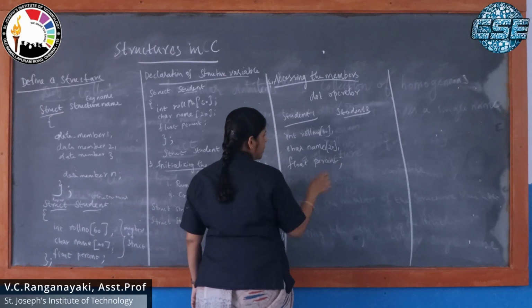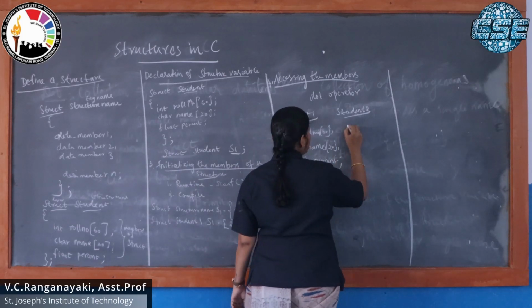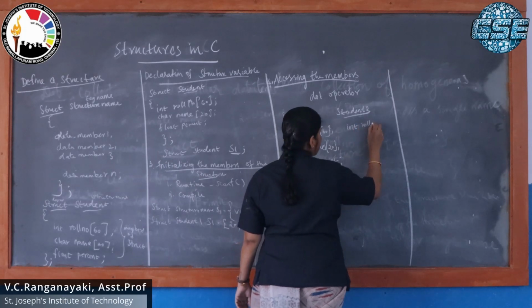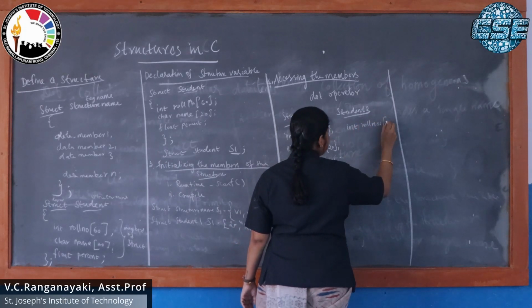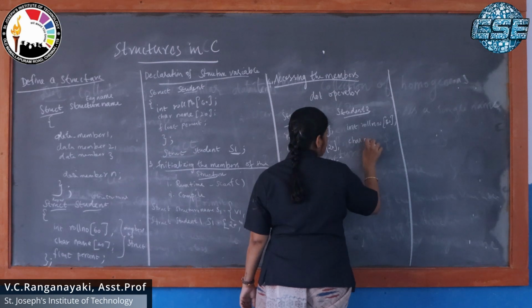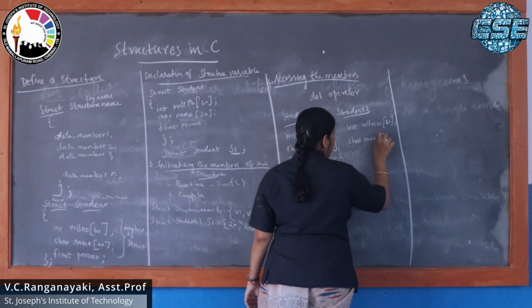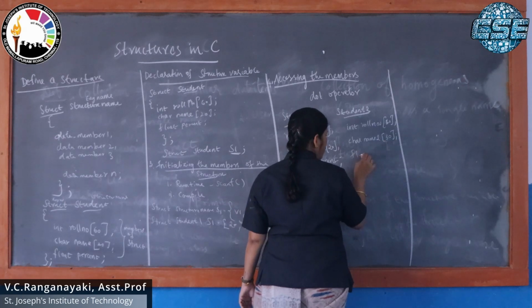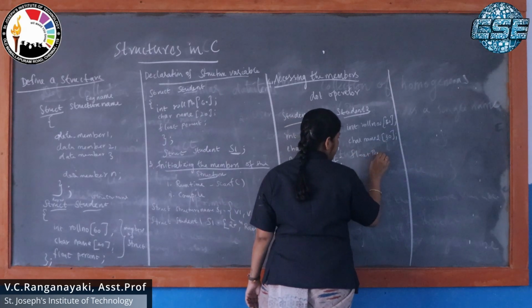Okay, student 1 detail. I have a student with int roll number 2 of 60. Next, char name 2 of 30. Last thing is float percent.